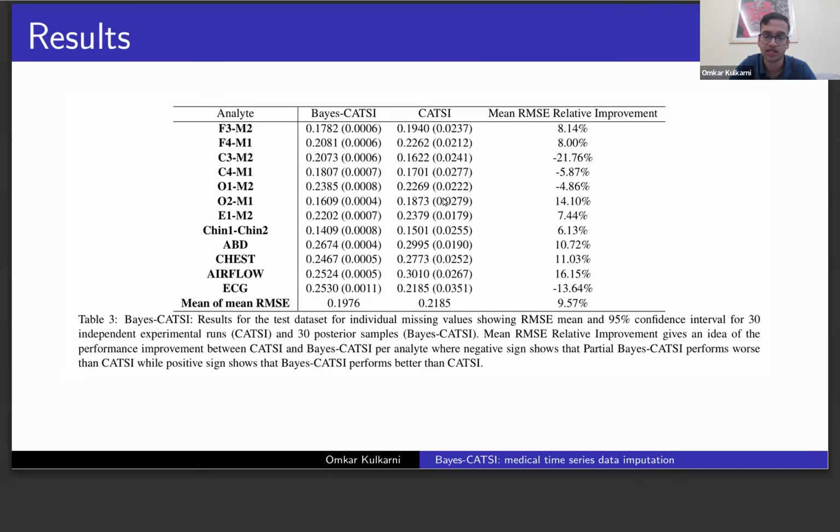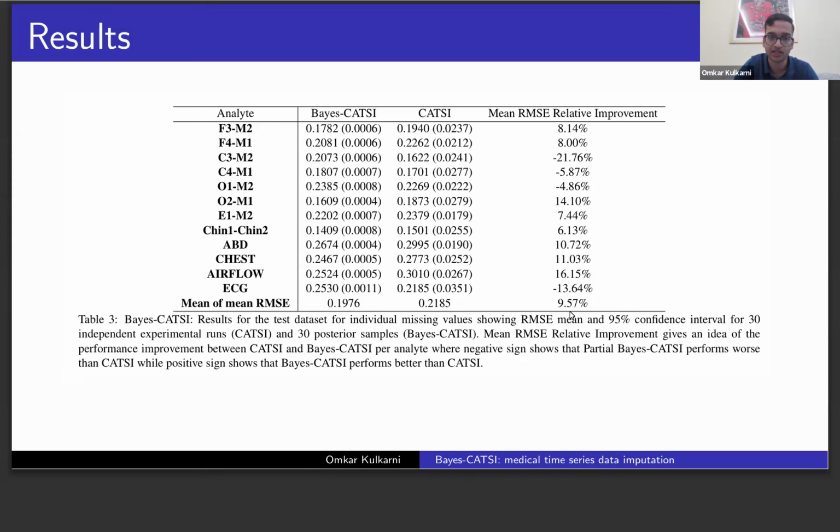Now coming to the individual missing value results of Bayes-CATSI, we see that Bayes-CATSI is able to outperform CATSI for 8 features out of 12, and overall it outperforms CATSI by 9.57%, which shows that it's better than CATSI in the individual missing value case.